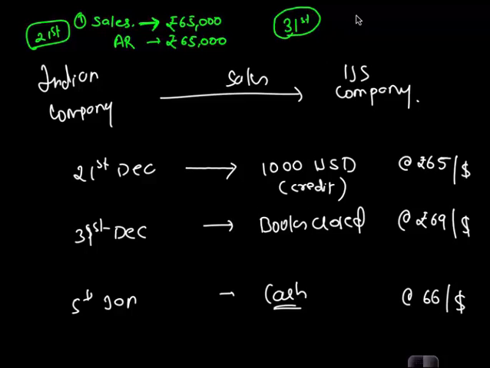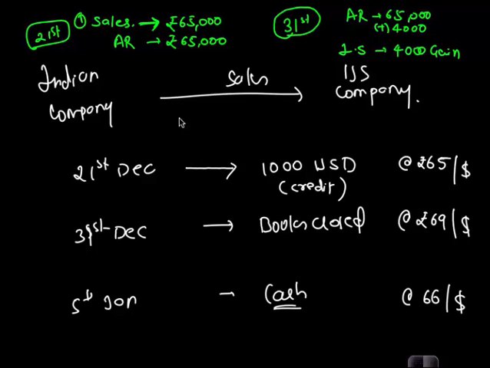So now what you do is, your accounts receivable, which were originally 65, you will say plus 4,000. And on your income statement, that 4,000 would be shown as a gain.